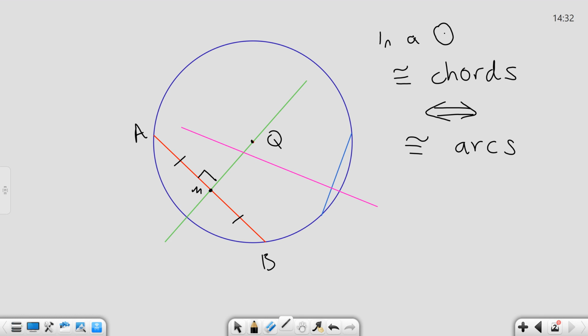Whoa, I missed again. It passes through the center of the circle. Any problems? Is all this stuff pretty obvious when you see the picture? Okay, let's try something that's not so obvious.